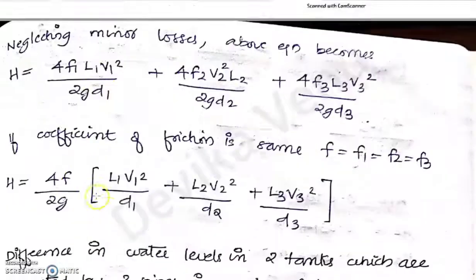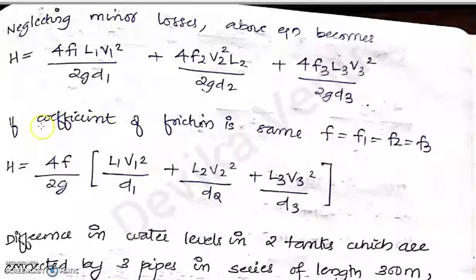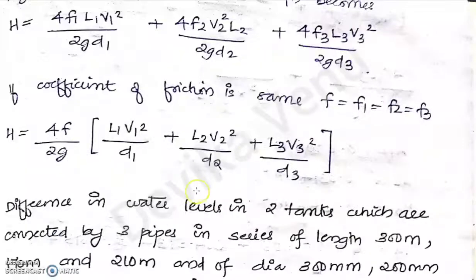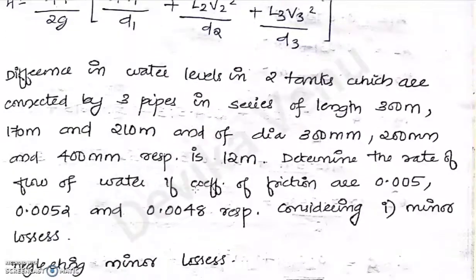So I'm taking that out, and the equation simplifies like this: H is equal to 4f by 2g into L1 V1 square by D1 plus L2 V2 square by D2 plus L3 V3 square by D3. This equation is for the case where you are only considering the major losses, when you neglect the minor losses. In the next question we will see how a question is done.